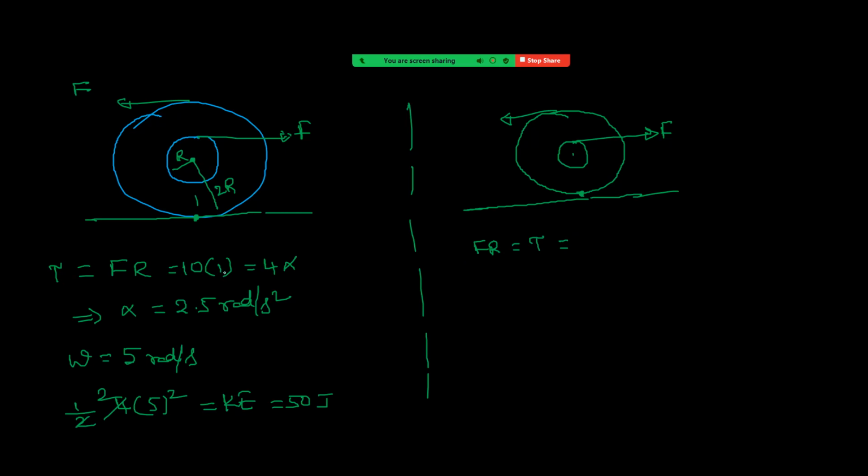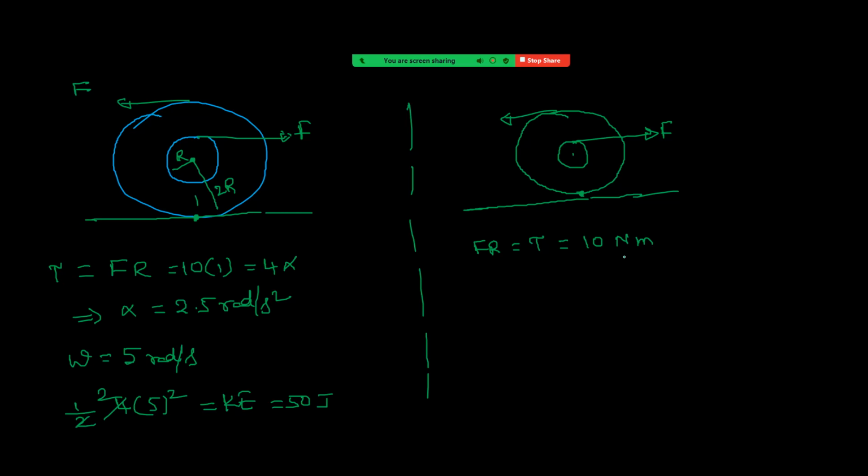So how much is it? Again 10 into 1. That is 10. Right? 10 Newton meter. Now calculate what is alpha. Okay. Now we can calculate what is alpha. I can calculate like this without calculating alpha. Initially, this body was at rest, not rotating.